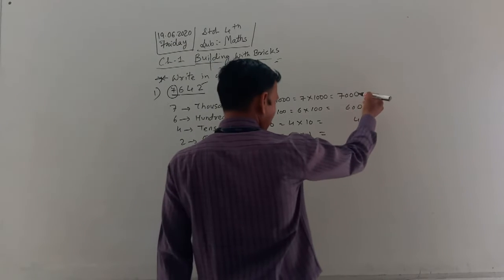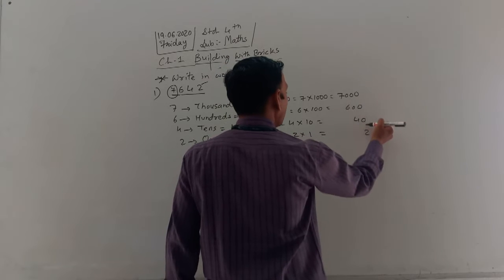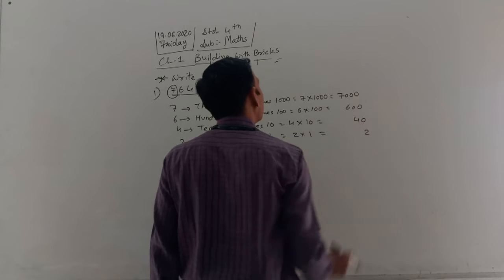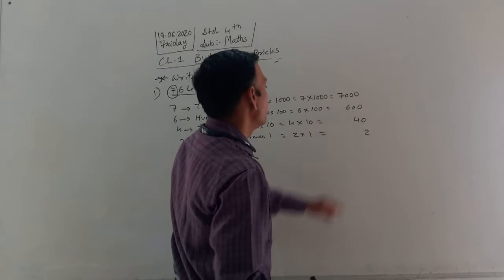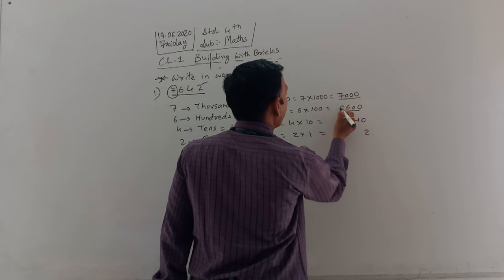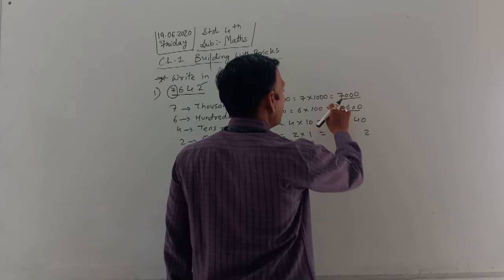Now see, write the ones place below the ones digit, tens place below the tens digit, hundreds place below the hundreds digit, and thousands place below the thousands digit. So here there are 4 digits, here there are 3. You have to write a 0 here so that it becomes 4, so that you can add easily and there will be no mistake.